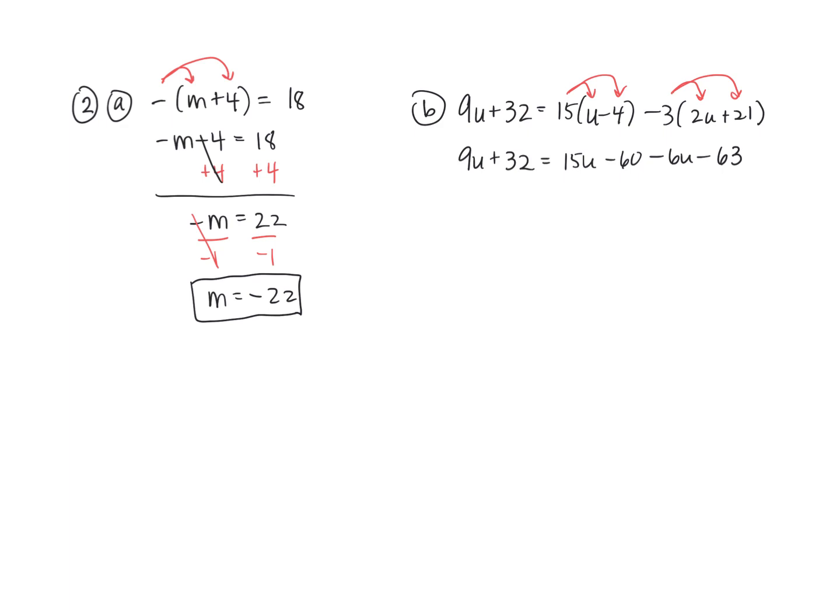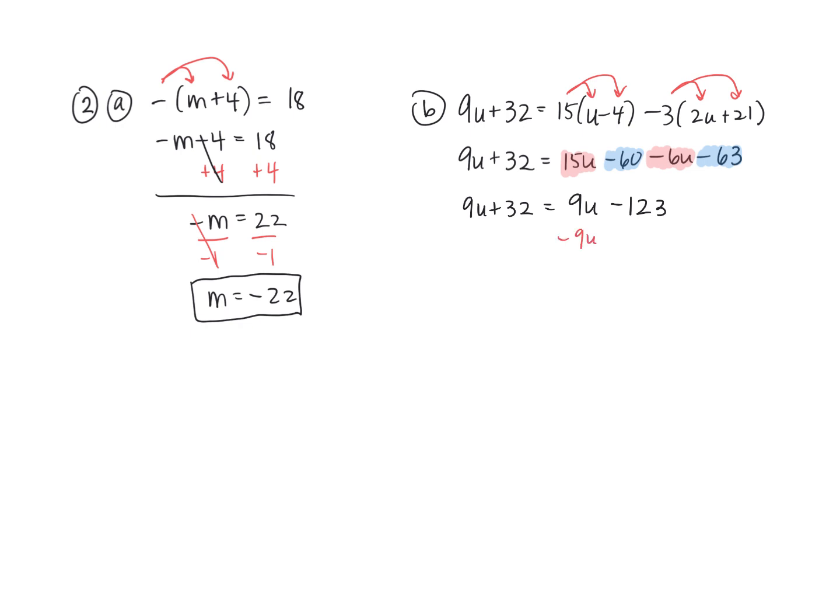Now we want to combine like terms. So on the left we have no like terms, but on the right we have 15u and negative 6u that we can combine. And then we also have negative 60 and negative 63 that we could combine. So on the left we bring down 9u plus 32. On the right, 15u minus 6u is 9u, and negative 60 and negative 63 is negative 123.